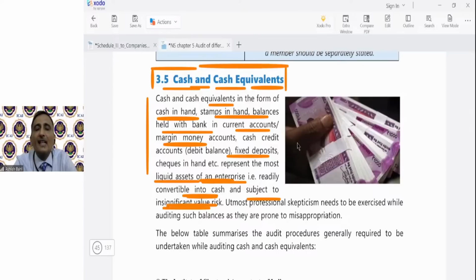Because all these things are liquid, so these are grouped together under head cash and cash equivalents. So ये इसका स्टूडेंट्स ब्रॉड मीनिंग है.